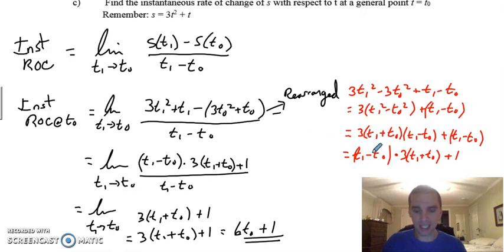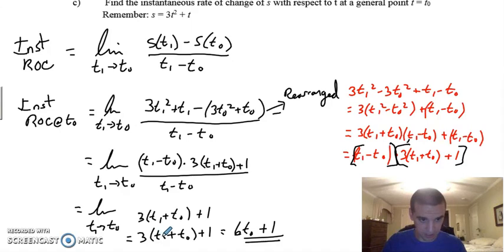So what I did is I factored it out, and I'm left with this multiplied by that. Okay, so I can cancel those two terms. Since I'm looking for t1 approaching t sub 0, I can plug in t sub 0 wherever I see t1.